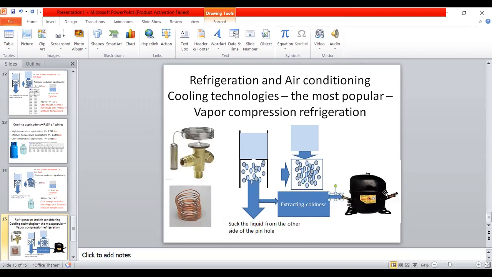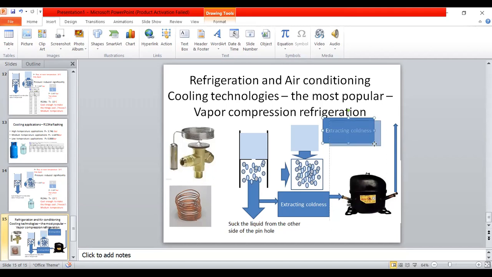And then pump here. So when you suck here, this is all gas. Okay, all gas. Later I'm going to explain this.